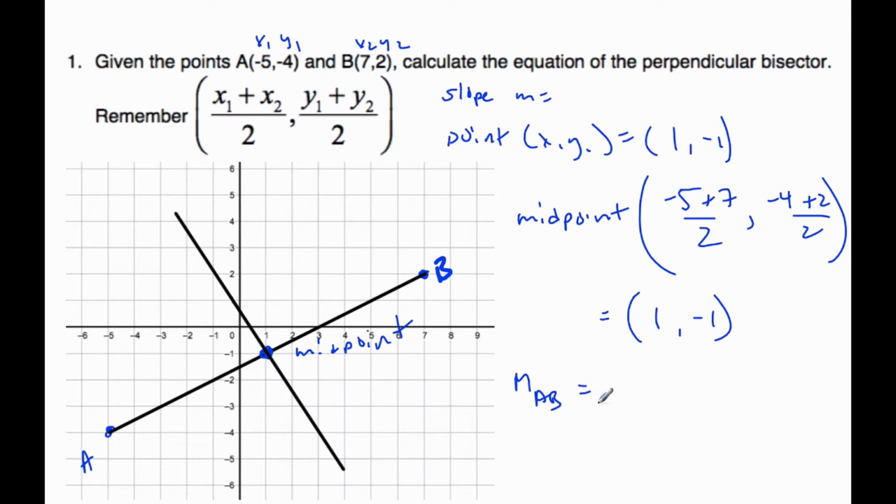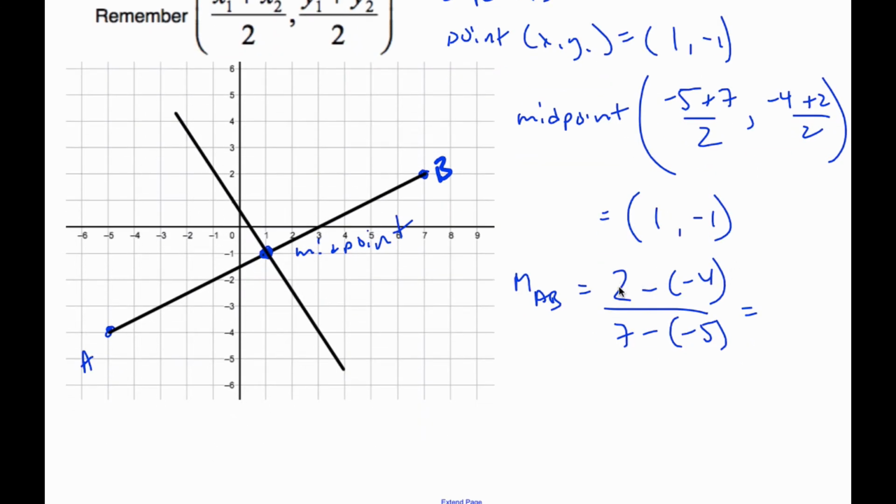So to find the slope of AB, I'm going to go the change in y, which is going to be 2 minus -4 over 7 minus -5. And so that gives me 2 plus 4 is 6, 7 plus 5 is 12, and so that is equal to 1/2. So this slope is 1/2, and I can confirm that. I go up 1 over 2, up 1 over 2.